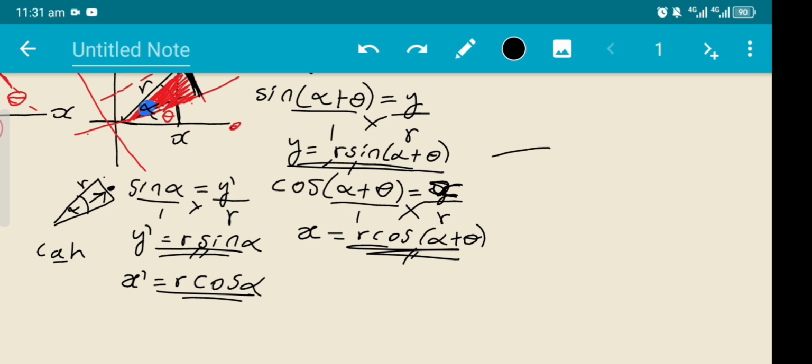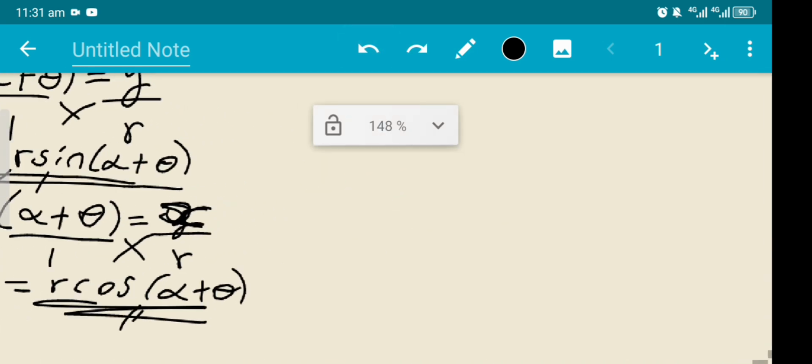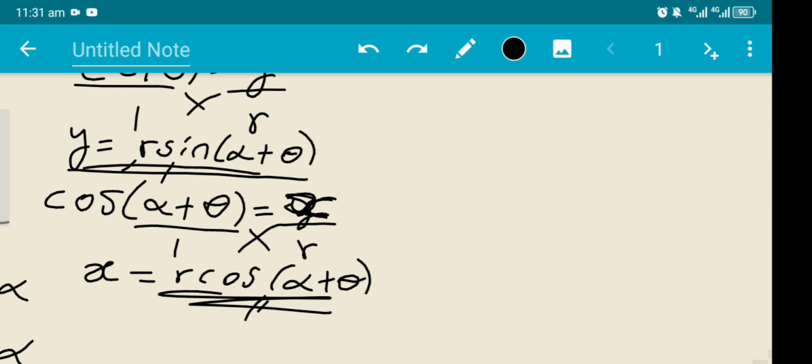Remember, we've got this one here, this one, this one and this one. Remember what we discussed at the beginning of this video. Let's focus on x first. This here is x is equals to r cos alpha plus theta.